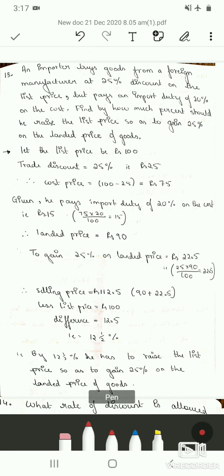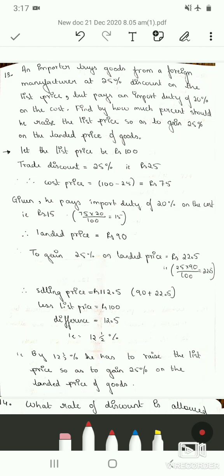So first let us assume the list price to be 100 rupees and the trade discount is given, that is 25%. So 25% of 100 is rupees 25. Therefore the cost price is 100 minus 25, which is 75 rupees. Also they have given he pays import duty of 20% on the cost.